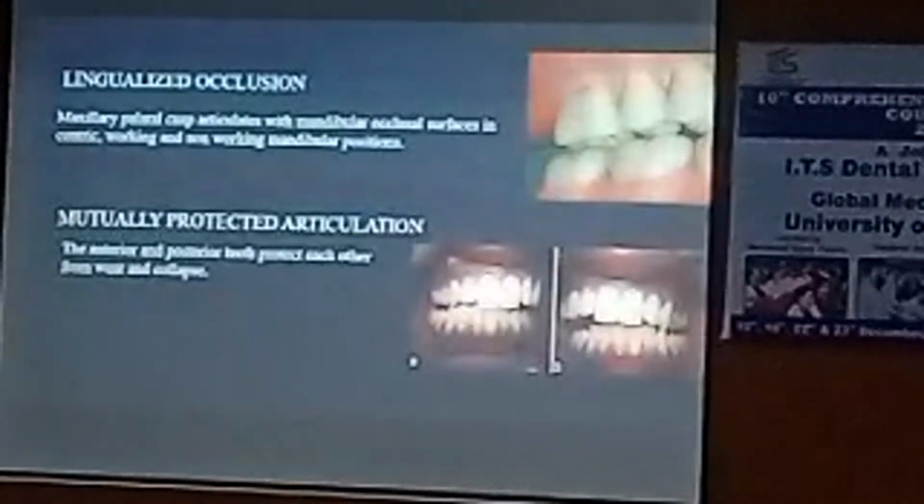So if there is a force falling on the proclined anteriors every time you bite, the anteriors will fall down. Correct? And when you do any kind of protrusive or lateral protrusive movement, your anteriors will come in contact and posteriors will be out. And that is when your posterior teeth will not undergo any kind of attrition.